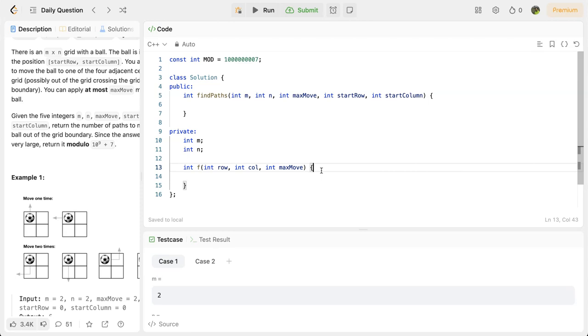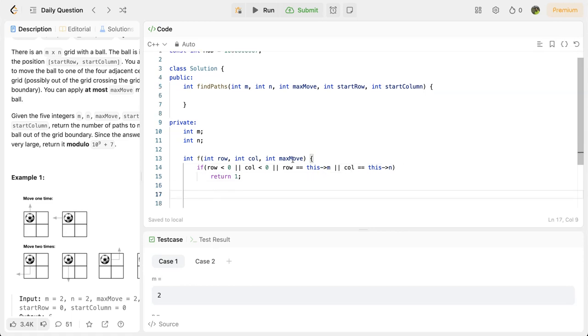So the base case was this: if row is less than 0, or col is less than 0, or row is equal to m, or col is equal to n, that means this is out of bound. We just return 1.